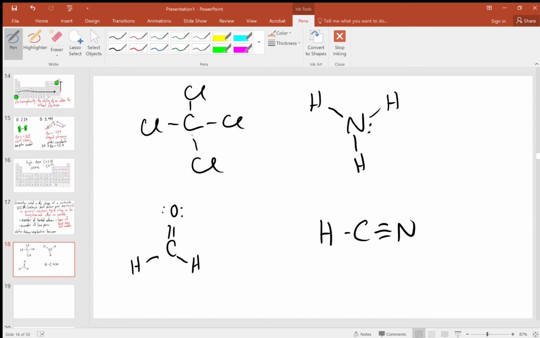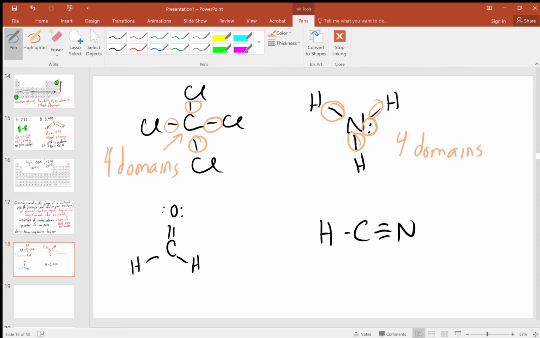This carbon in carbon tetrachloride has four single bonds. It has no lone pairs, so this carbon has four domains. In our next molecule, ammonia, the nitrogen has three single bonds and one lone pair. Each one of those is its own domain, so that's also four electron domains.